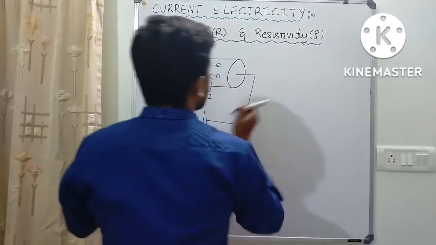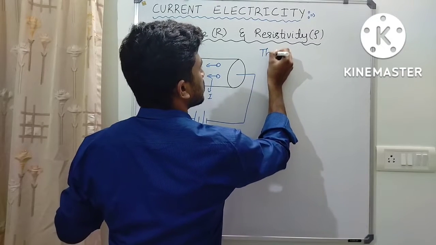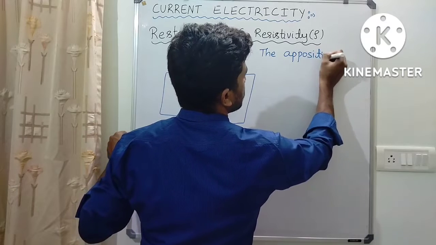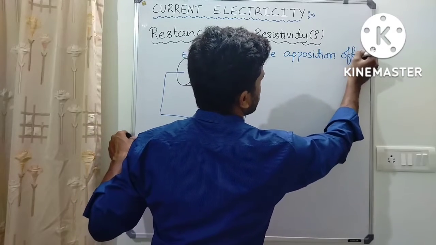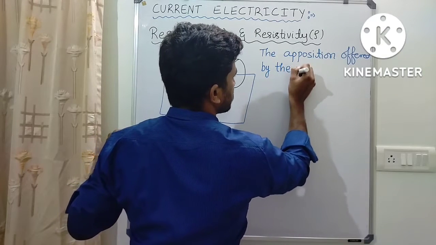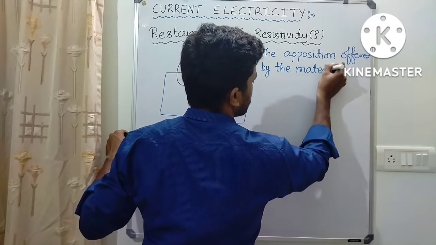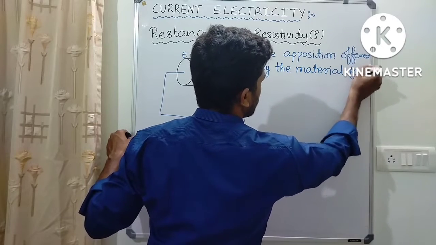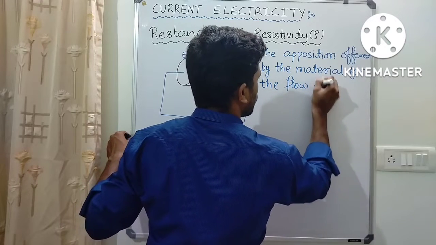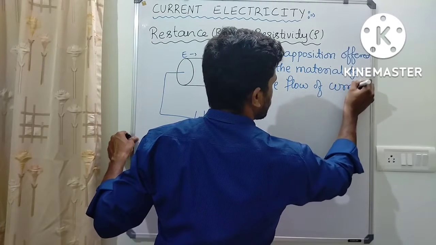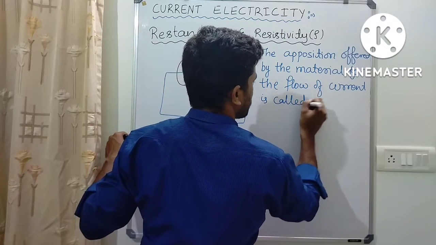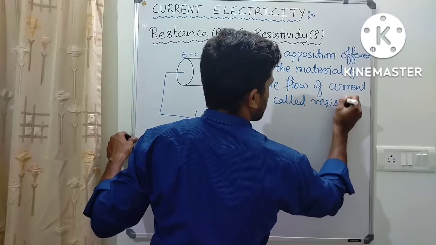Let me write that here. The opposition offered by the material for the flow of current is called resistance.